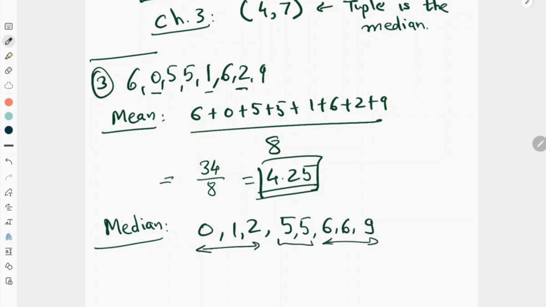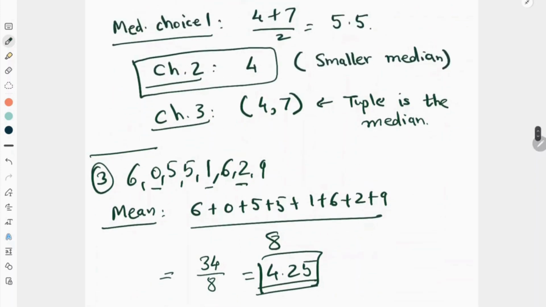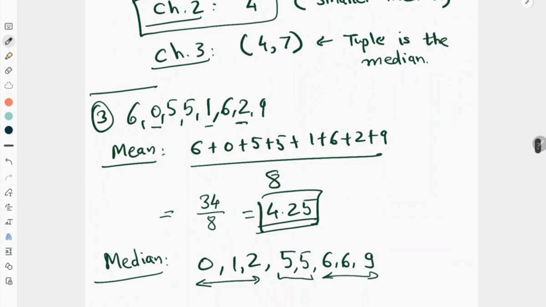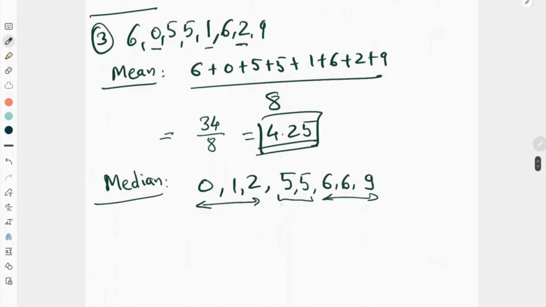So all three choices that I mentioned in the above example are going to give the same number, except for the third one, which trivially gives a tuple of two identical numbers. The fourth number and the fifth number are identical, so it is going to be 5. So the median here is unambiguously 5. That's about it.